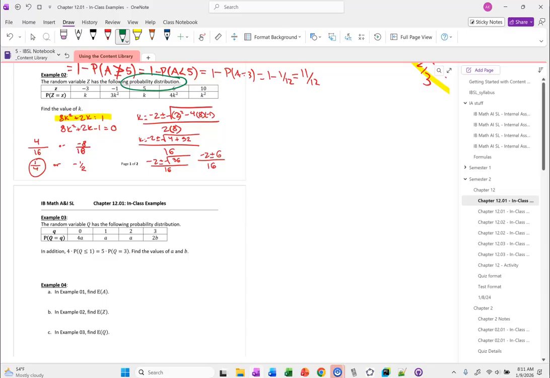And I don't think the IB would do that either. But there's nothing inherent about it: if I just wrote a random problem down, the k would not necessarily make it a valid probability distribution if we just solve any quadratic equation. You get what I'm saying, guys? So just talking about best practices.